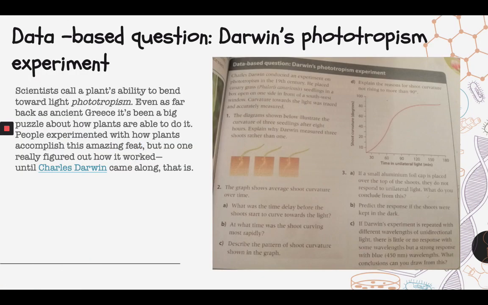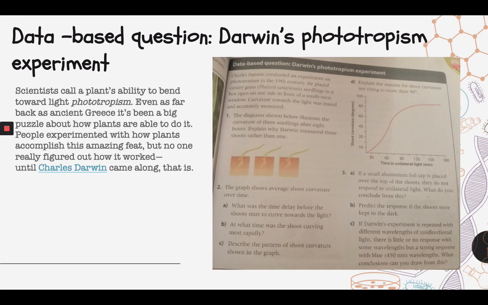So the data-based question, that's going to be your assignment, guys. We have Darwin's phototropism experiment. Scientists call a plant's ability to bend toward light phototropism. Even as far back as ancient Greece, it's been a big puzzle how plants are able to do it.